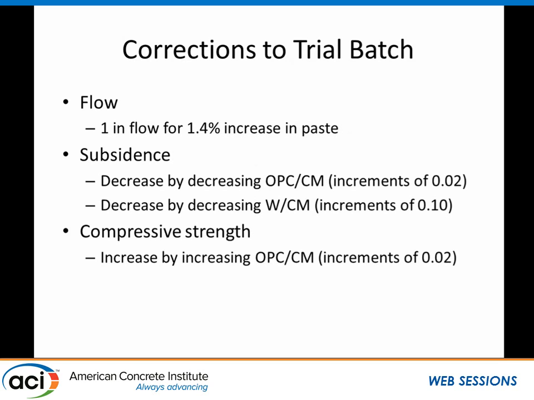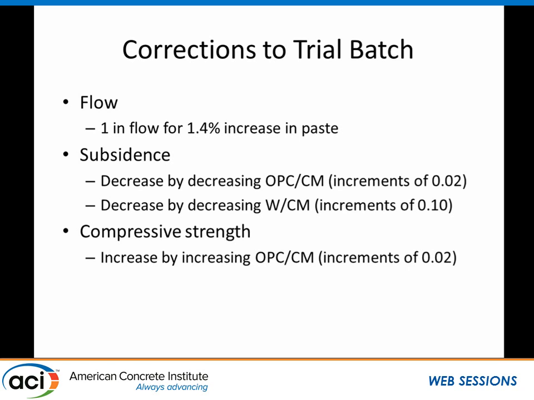To get flow to be greater by 1 inch, increase your paste content by 1.4%. If your subsidence is not satisfactory, you can decrease subsidence by decreasing either your OPC versus cementitious ratio or your water cementitious ratio by these kinds of increments.